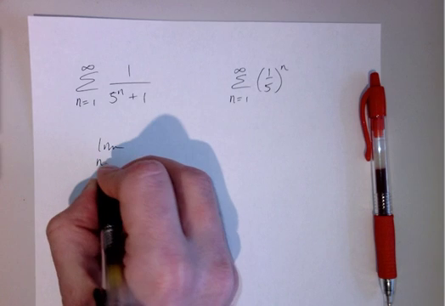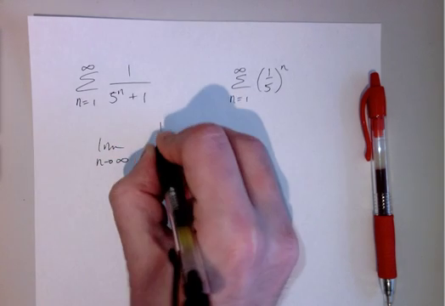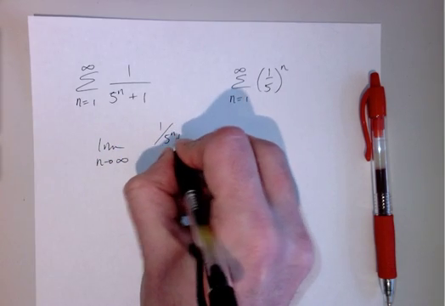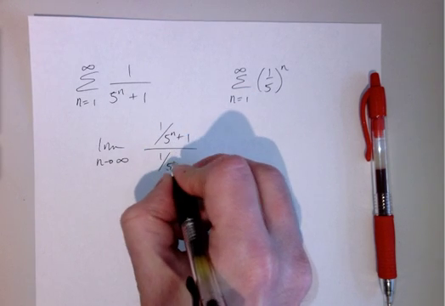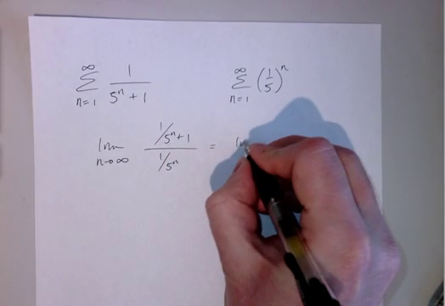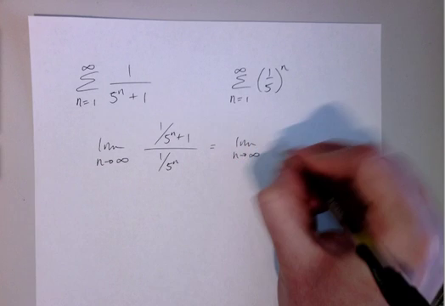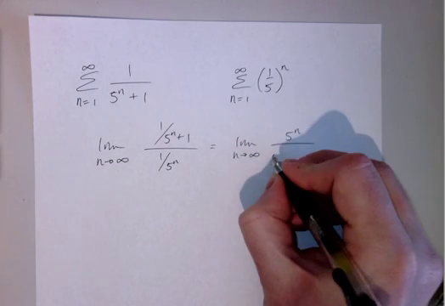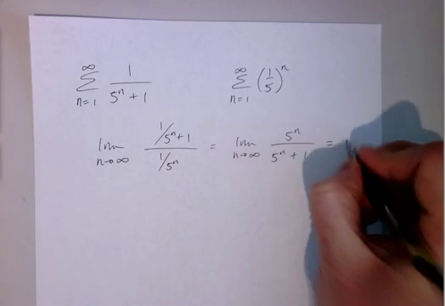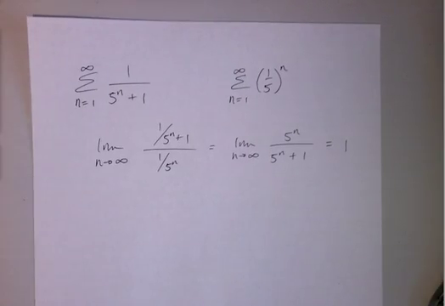Limit as n goes to infinity of 1 over 5 to the n plus 1 over 1 over 5 to the n. When I resolve the complex fraction, I get 5 to the n over 5 to the n plus 1. And you can do your more robust version of finding infinite limits by multiplying through by 5 to the negative n. But that limit is 1.